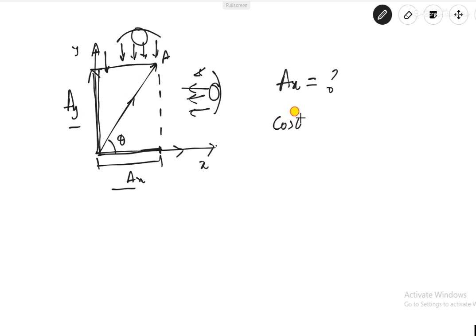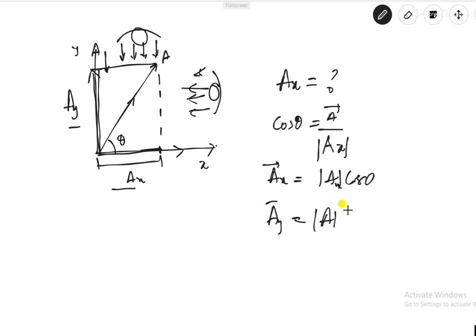We can say cos theta is equal to AX by A, the hypotenuse. So AX is equal to A cos theta. Similarly, AY is equal to A sin theta.